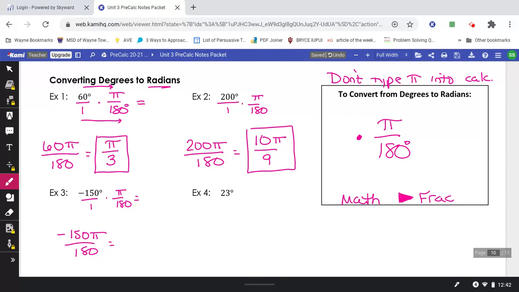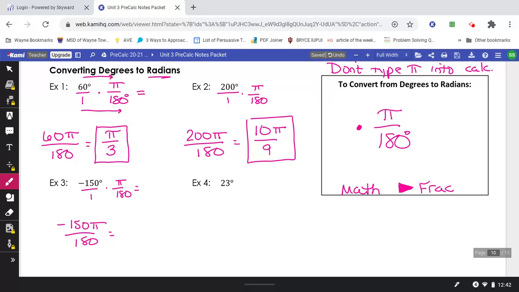And one thing to note, if you don't have your calculator handy, no worries, you can still do this. You're just going to reduce the fraction 150 over 180. An easy way to do that, if it ends in 0, I know 10 can be divided by it. So I can just shorten it down to this. This is only if you don't have your calculator. And then you could reduce 15 and 18.